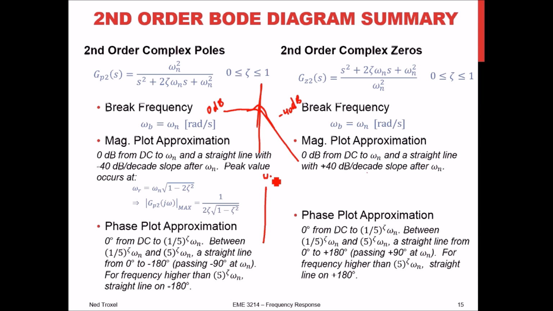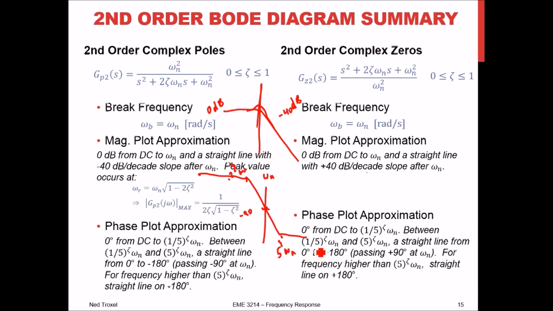If this is omega n, we draw here at minus 90 degrees. We want to go through that point, and then you calculate this one to be 5 to the zeta power times omega n, and this is going to be 1 over 5 to the zeta power times omega n. Flat from there, sharp to there, like that.